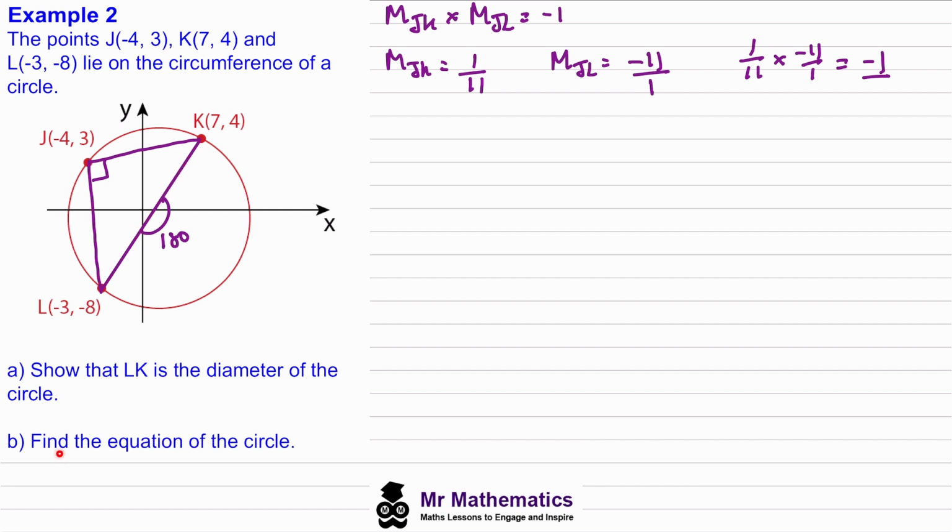For part B, find the equation of a circle. So we know this is the diameter, which means the centre will lie exactly halfway along this length, and we can work out the centre by finding the midpoint of L to K. So to find the midpoint of a line segment, we'll find the average of the x values, so 7 take away 3 divided by 2, and we'll find the average of the y values, 4 add -8 divided by 2.